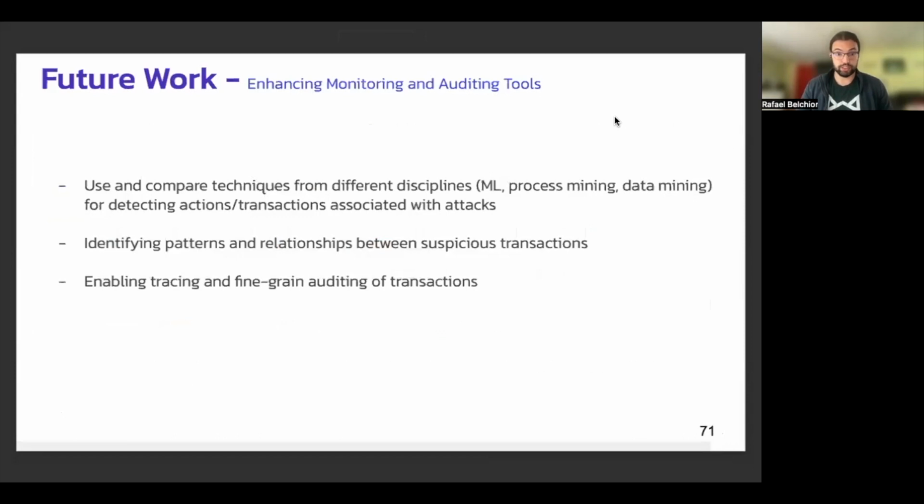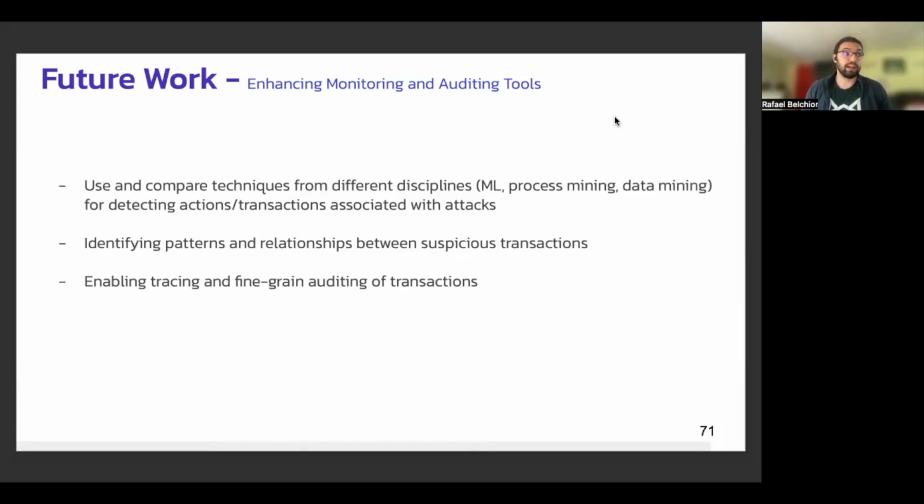So, future work. Use and compare techniques from different disciplines, not only process mining, but also data mining, which is very closely related, I would say, and machine learning for detecting these risks, these false positives, which basically means under-specification, or the true positives, which basically means attacks.